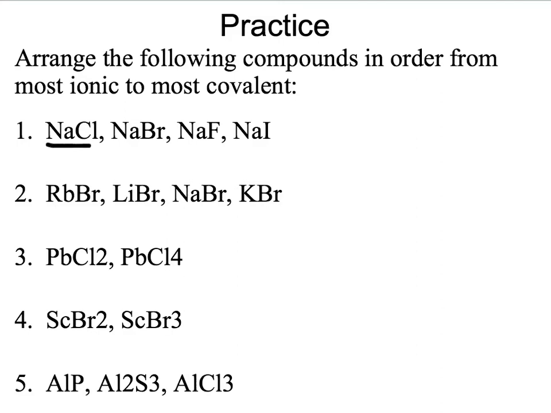Alright, so let's look at this first group right here, going across. We have the same cation in all the cases, sodium ion, but my anion changes and we're going straight down group 17 here. So we have fluoride at the top of group 17, and then we have chloride, bromide, and iodide.